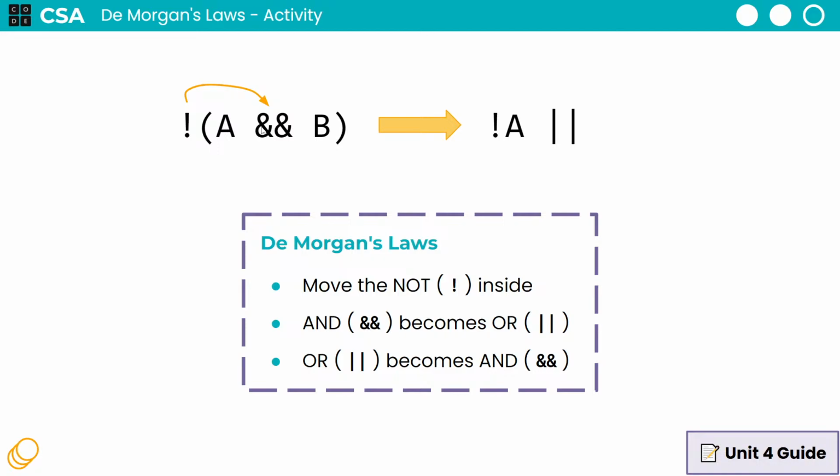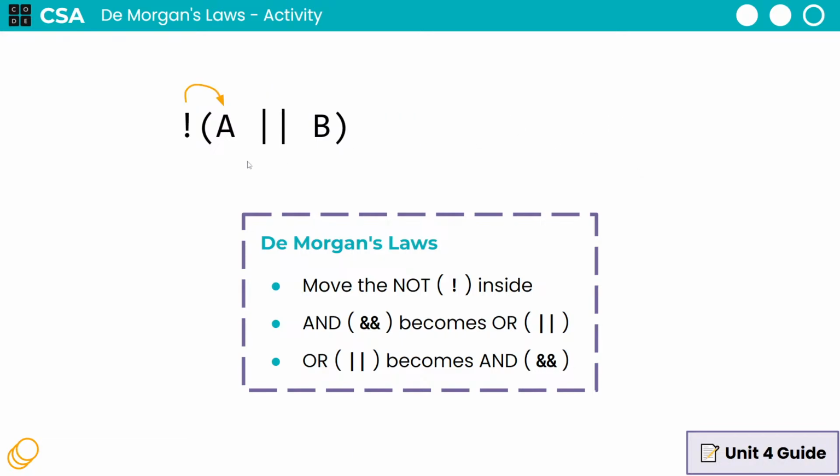The opposite of and is or, and the opposite of or is and, more or less as a general statement. Because we just moved the not onto a, and then onto b, it becomes not a or not b.